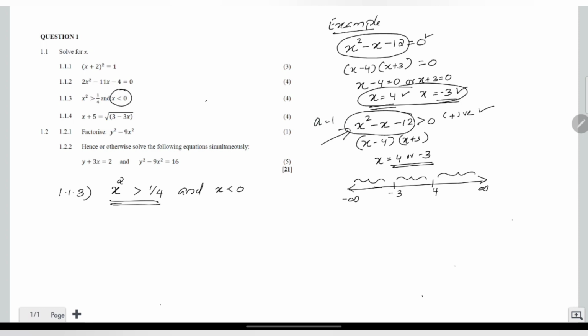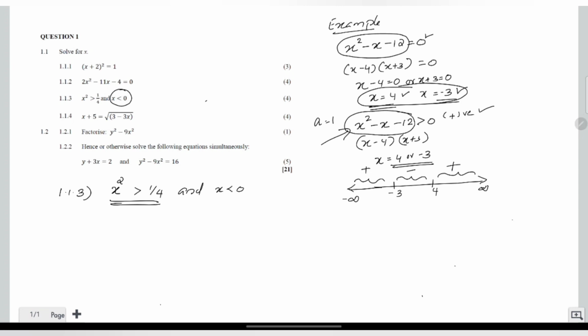If a is positive, all the numbers in the first section, minus infinity to minus 3, will make the expression positive. Any number that you take, whether minus 5 or minus 100 or minus 1000, if you substitute there in x square minus x minus 12, you will always get a positive number. Then the rest of the sections always alternate. First one is positive, next one negative, then positive. Is it clear? So that's how it is.